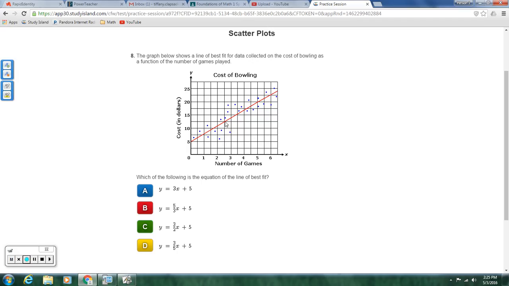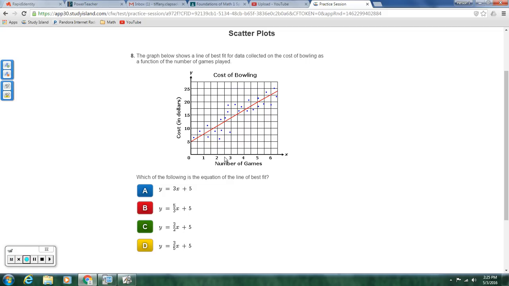Let's take some points. Alright, here's a point and here's a point. So we use this one and this one. So we're counting up, from here to here. Now we're not counting up by 5, we're counting by 2.5. So from 5 to 10 is 5, right? So that's 2.5. So 2.5, 5, 7.5 divided by what?